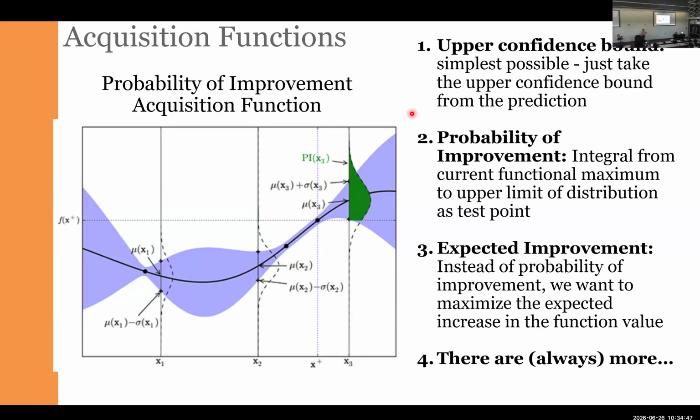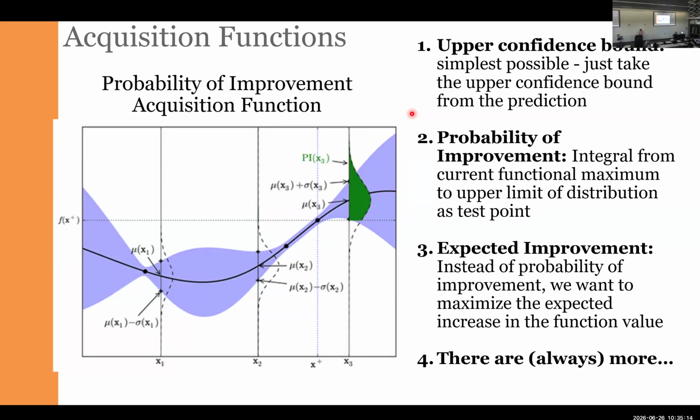It's exactly the same upper confidence bound that we had for bandits. So basically what it says is, I have the prediction, I have the dispersion, meaning uncertainty, I'm going to add them together with some proportionality constant, and I'm going to take the measurement where this combined thing is maximum. There are more complex ways of doing it, called the probability of improvement, expected improvement.